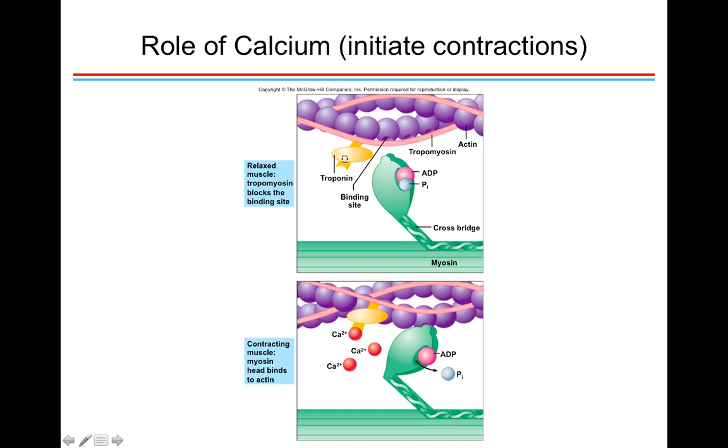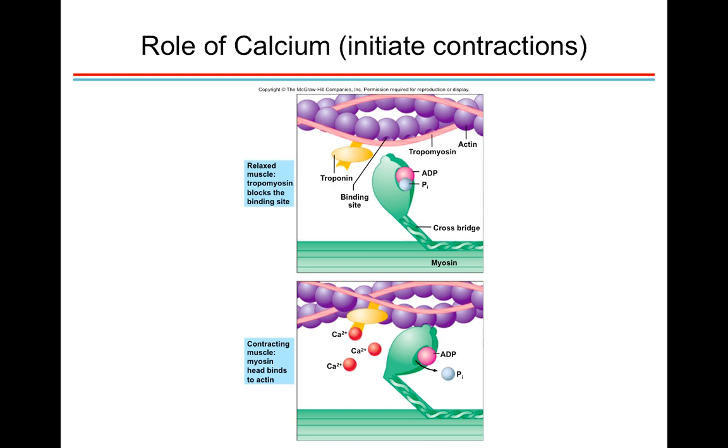And here we see troponin, right? Troponin controls the positioning of tropomyosin. So the reason calcium is needed for skeletal muscle contraction is that when calcium binds to troponin, it pushes tropomyosin out of the way of myosin.